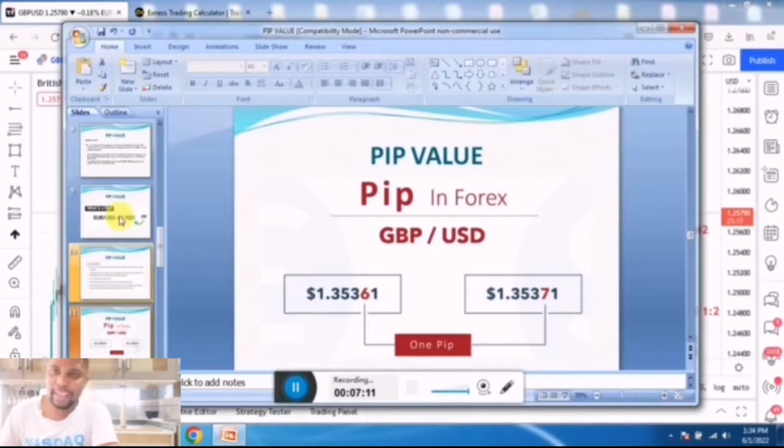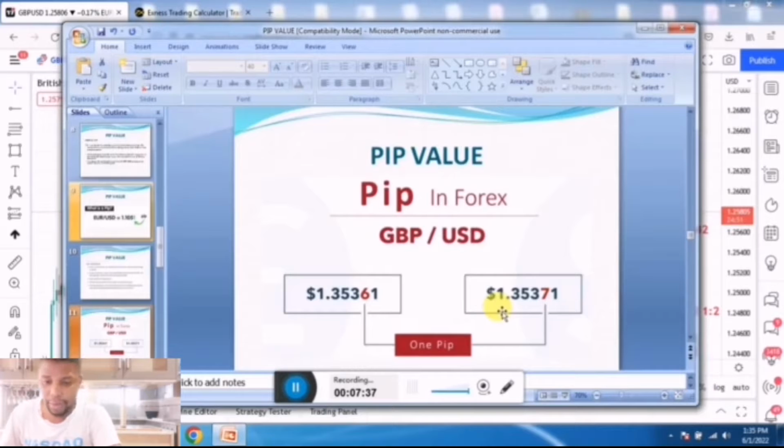Assuming that this is GBP USD quoted on the currency pair, you would see that the number on the left side is the one that you click when you want to sell the currency pair. The one on the right is the one that you click when you want to buy that currency pair.